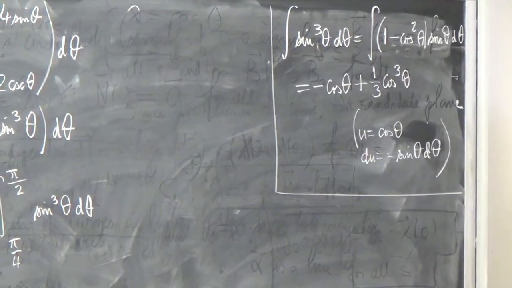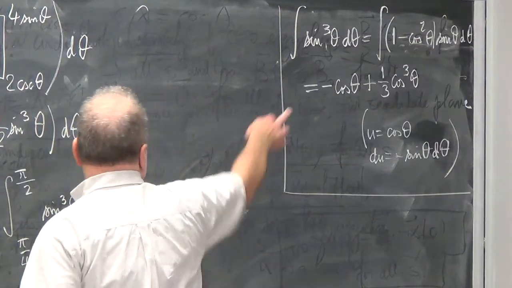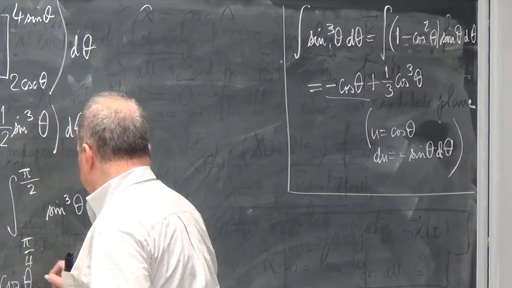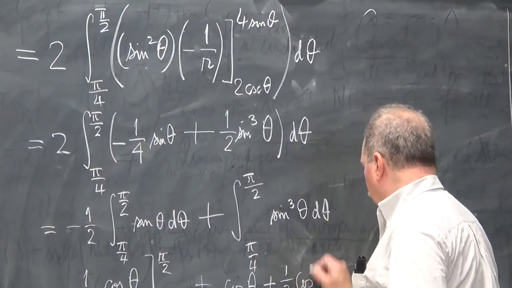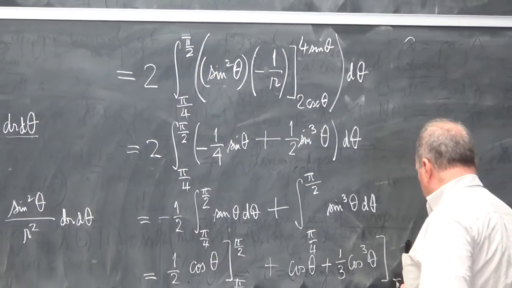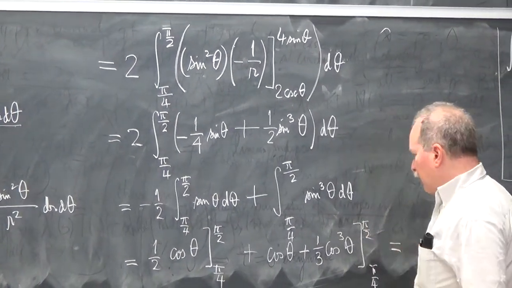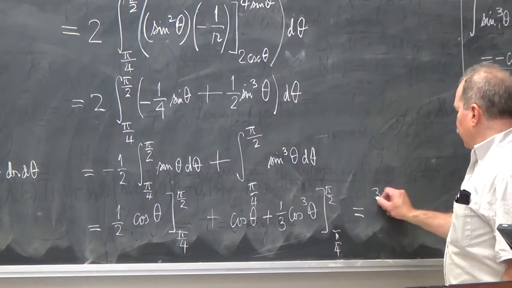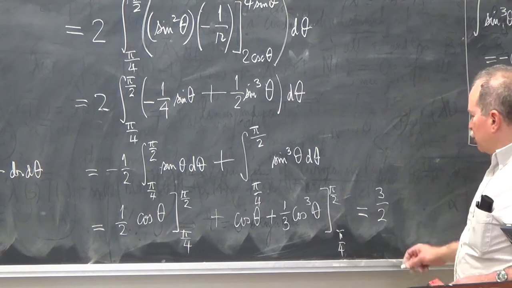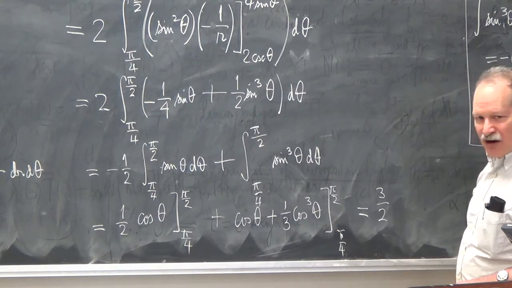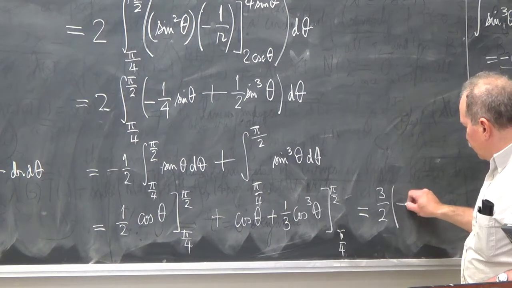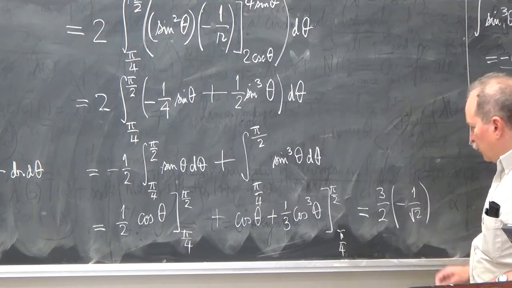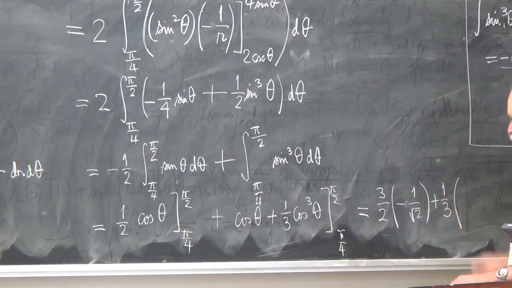So now I'm just going to substitute that here. And of course, I could have combined this with this. So I have a net 3/2 cosine theta here, right? Times, so what's cosine of pi over 2? 0. What's cosine of pi over 4? 1/2. And then plus 1/3 cosine cubed.